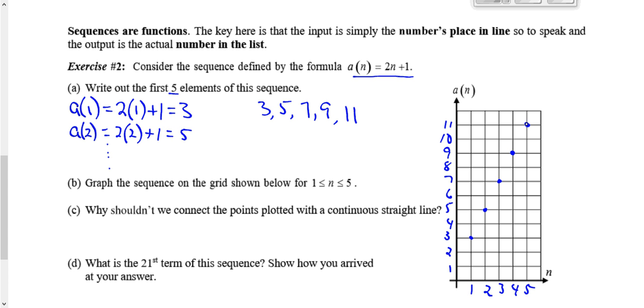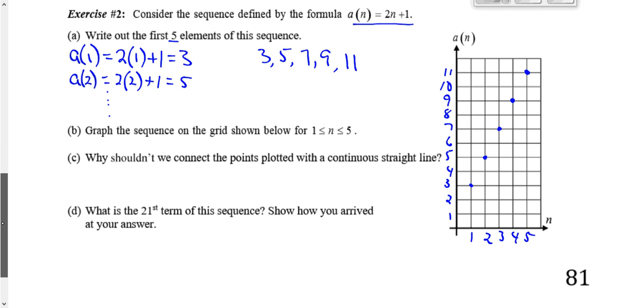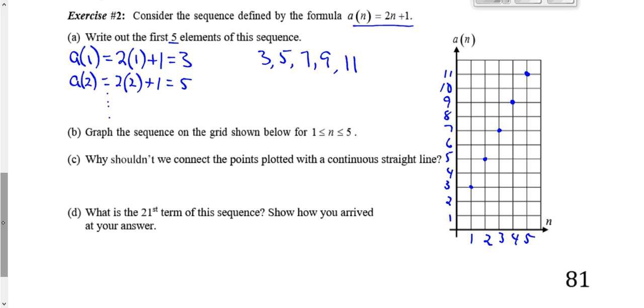They ask it right here, why should we connect the plot of points with a straight continuous line? Because the n is just their position in line, right? There's the first person in line and the second person in line. Is there a 1.5 person in line, like a 1.5 spot? Does that make sense?